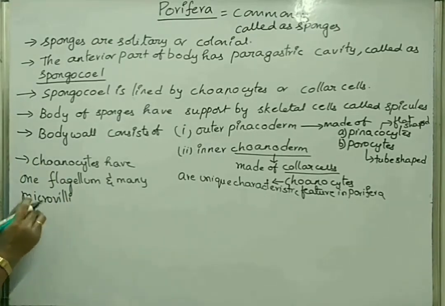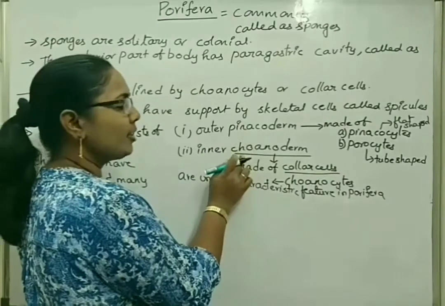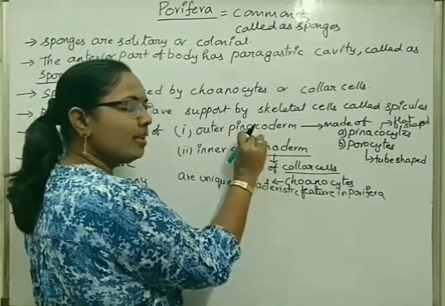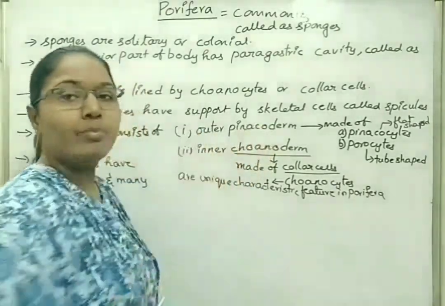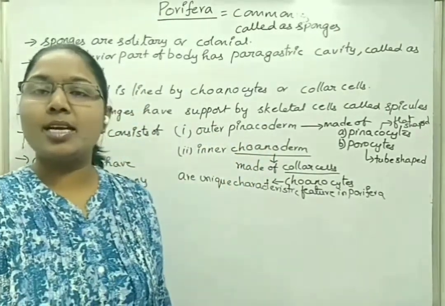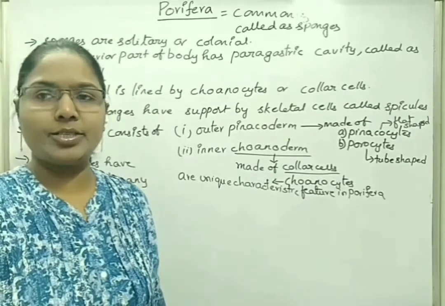Now, between the outer pinacoderm and the inner choanoderm is a middle substance called gelatinous mesoglea, which has amoebocytes. We said that sponges are of cellular level of organization.